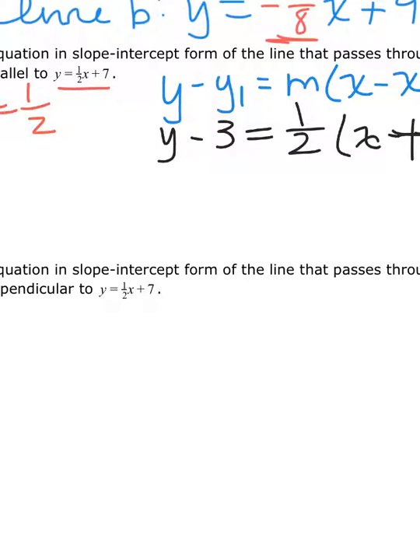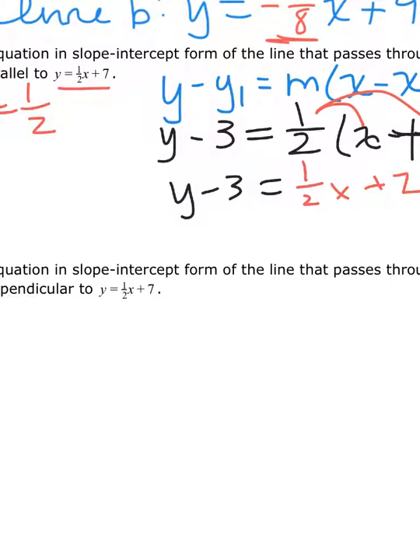All right. So to write this in slope-intercept form, what I've got to do is solve for y, right? So I'm going to distribute my 1/2. So I have 1/2 x, and 1/2 times 4 is 2, right? Equals y minus 3.